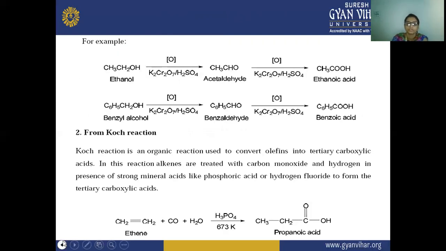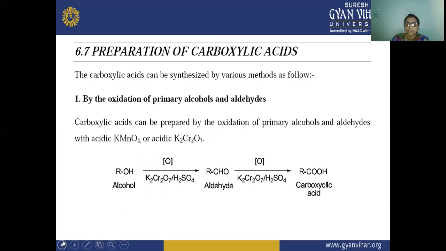Next is the preparation of carboxylic acid. Carboxylic acids can be synthesized by various methods as follows. First is by oxidation of primary alcohols and aldehydes.